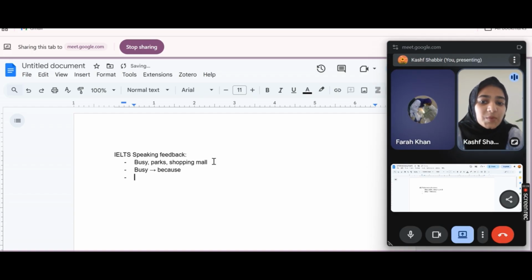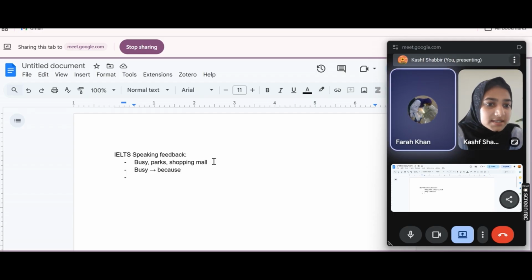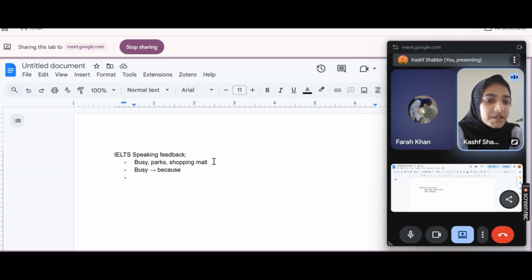Then you mentioned that it has a lot of parks and shopping malls. Now you can begin your sentence by saying, moreover, in my city we have a lot of entertainment and refreshment activities such as shopping malls and parks, where residents can go with their families and enjoy their time.